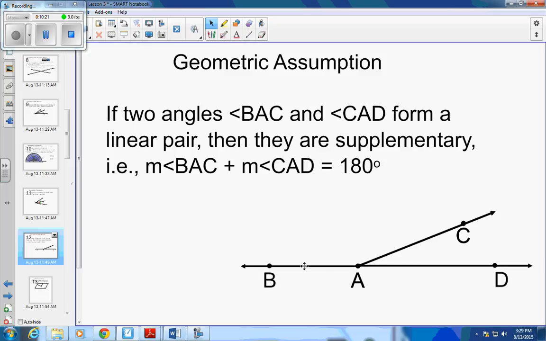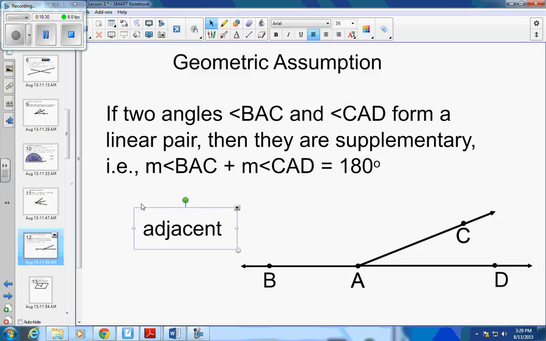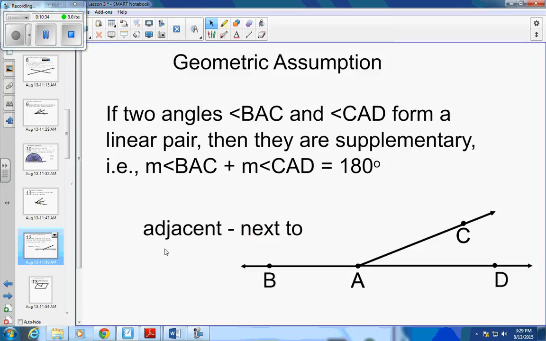So if the two angles are next to each other, adjacent means next to, that's a good word for you, A-D-J-A-C-E-N-T, adjacent, next to, or sharing a side. So if the two angles are adjacent or next to each other, and they form a line with the two of them, then they are called a linear pair, and they are also supplementary.